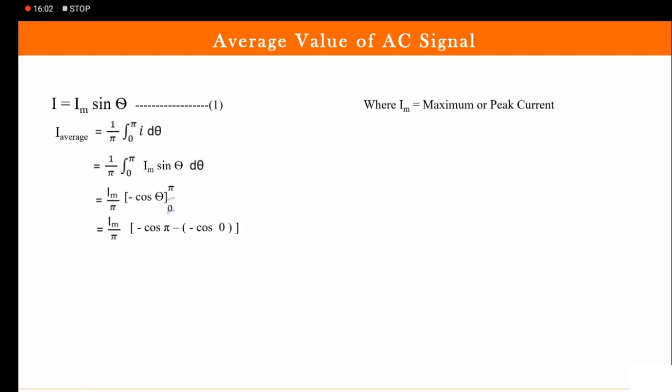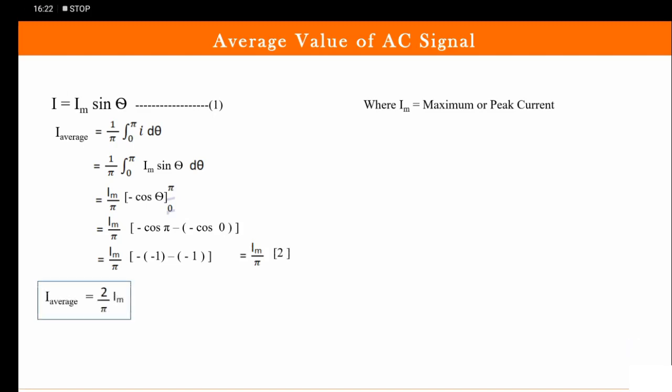What is the value of cos pi? It is minus 1, right? What is the value of cos 0? It is 1, and the minus sign is already there. So minus minus gets cancelled, and finally both ones are added, and you get Im upon pi times 2 inside the bracket.